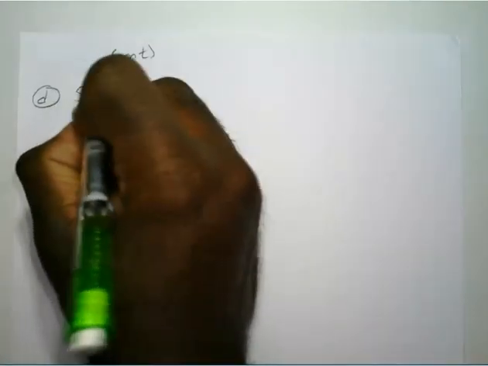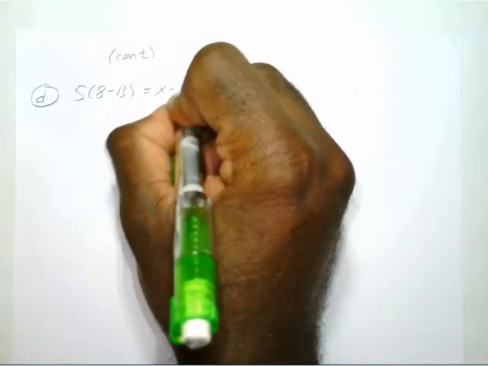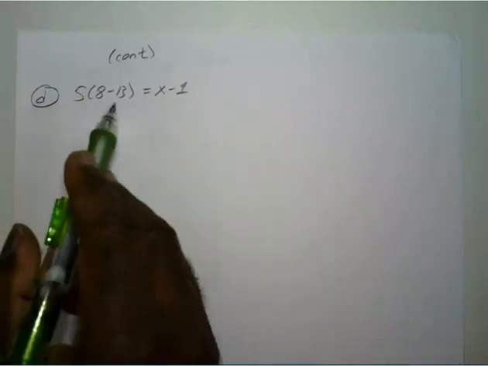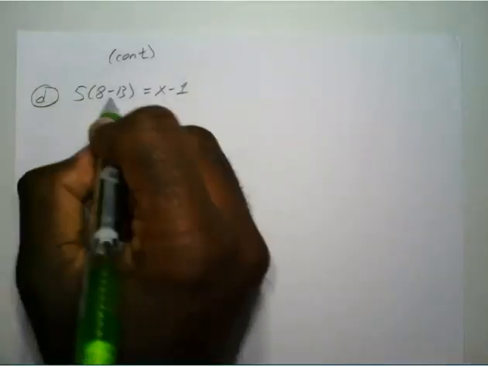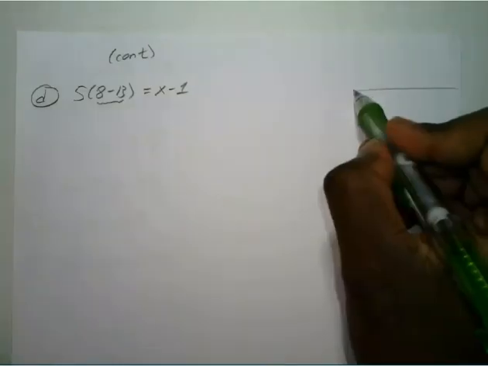Okay, so you have 5 times the quantity 8 minus 13 is equal to x minus 1. Okay, so with this one, remember you're going to do your order of operations, but since it's only really 2 of them, you don't have to go through all the steps if you don't want to. You're going to do what's inside your parentheses first.